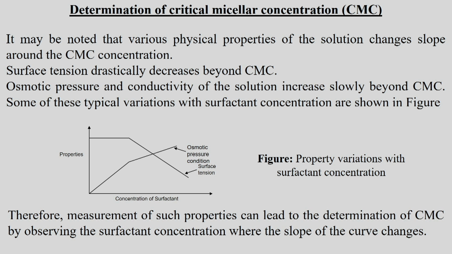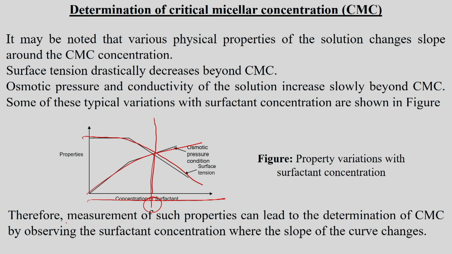Now, we also discussed the determination of the critical micelle concentration for different surfactants. The concentration of surfactant is plotted against surface tension and osmotic pressure, and where the curve changes, that gives the critical micelle concentration.